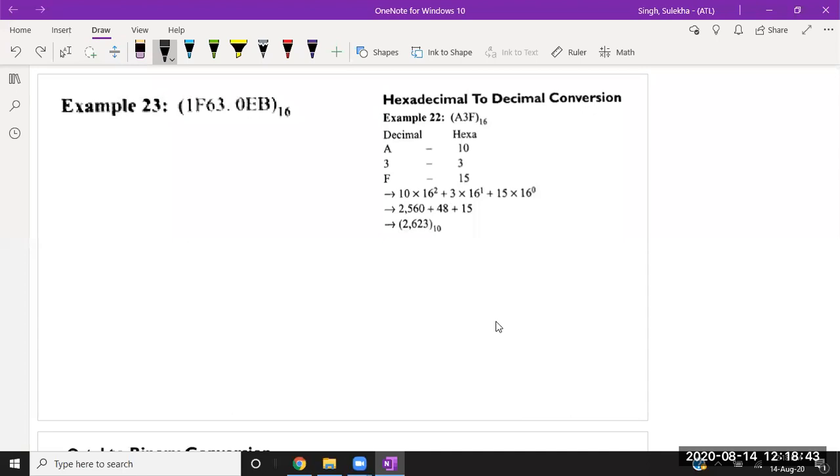That's why there are some differences in the fractional part in the answers. Suman Kumar, your fraction part is wrong.